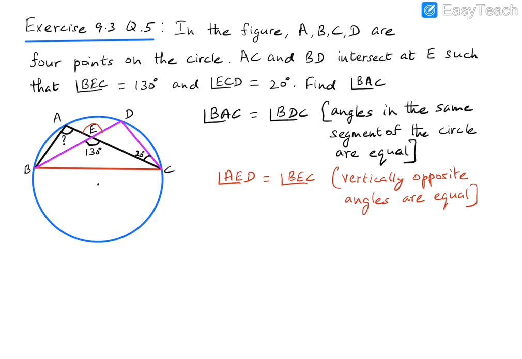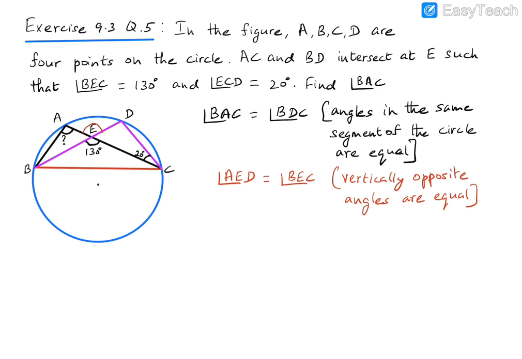Once we know that these two are equal, we ask what will be the other two angles here, which are the angle AEB and the angle DEC. The total angle here should be 360 degrees. Out of that, 130 and 130 for the angle BEC and angle AED makes it 260 degrees. So what is left is 100 degrees, right?